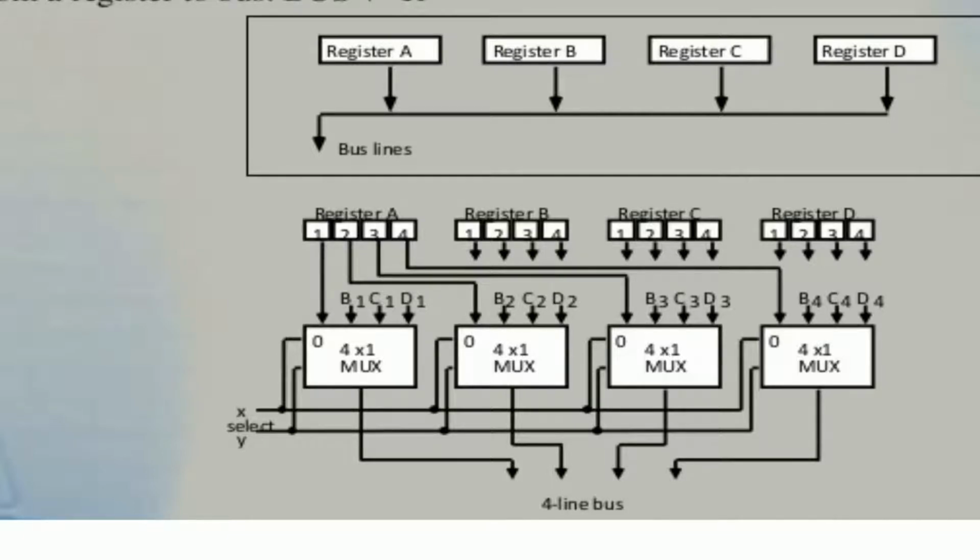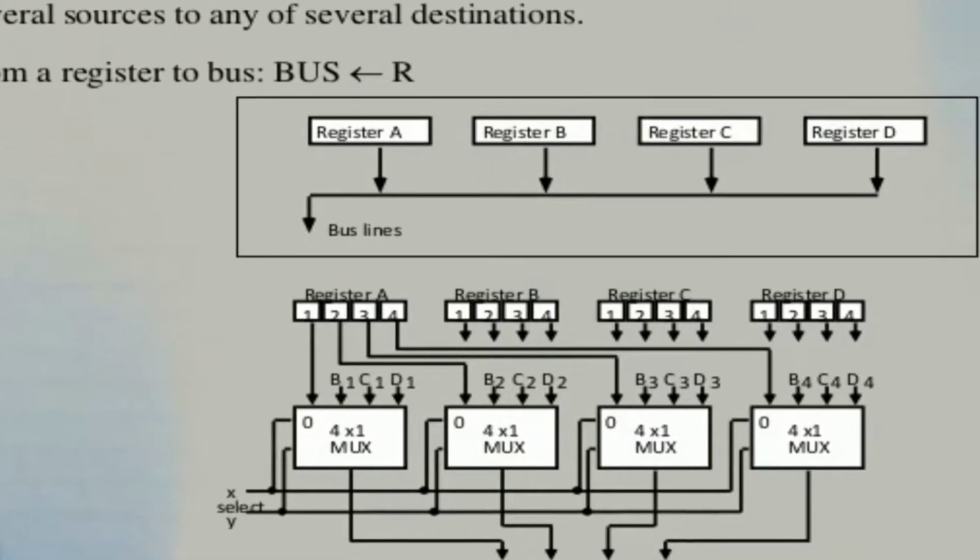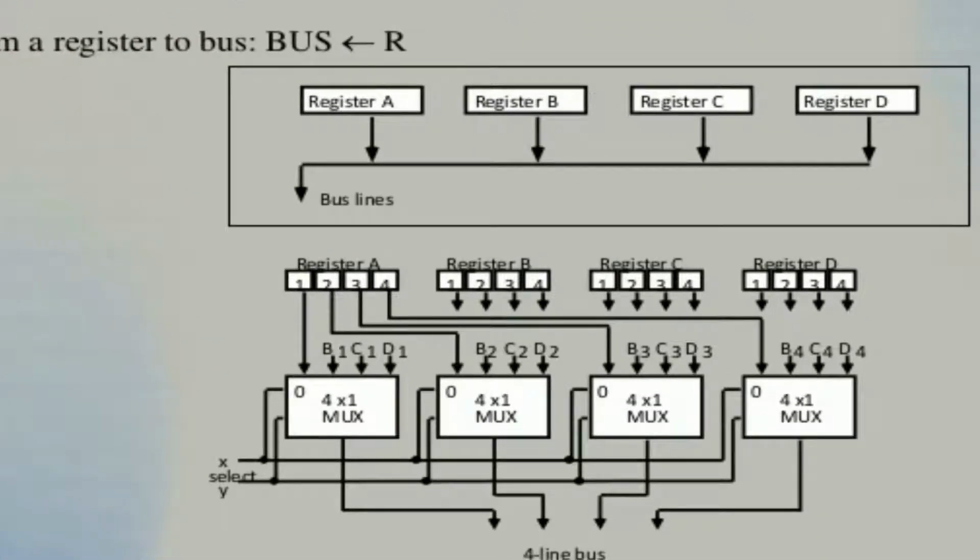Here 2 selection lines are there, S1 and S0. Look here, one symbol is given, bus lines. We are sending register data to the bus, and this bus carries the register data to some particular processor or some particular memory locations.